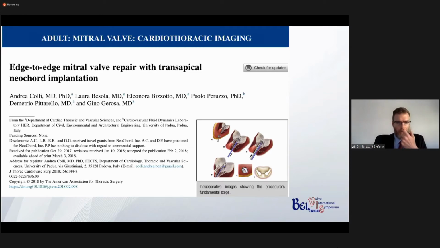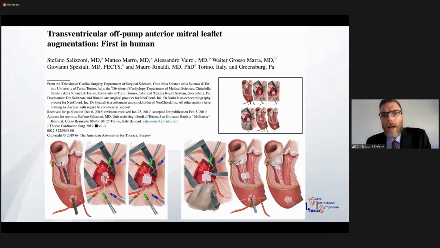This is another interesting case we had here in Turin, a really compassionate patient who was denied surgery in 7 other centers in Italy. This patient has a low ejection fraction.